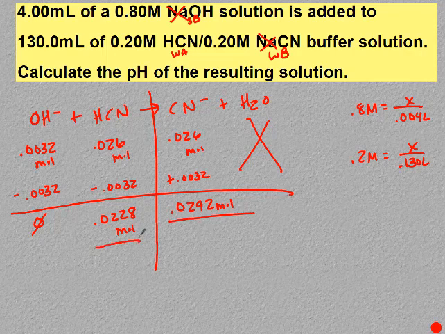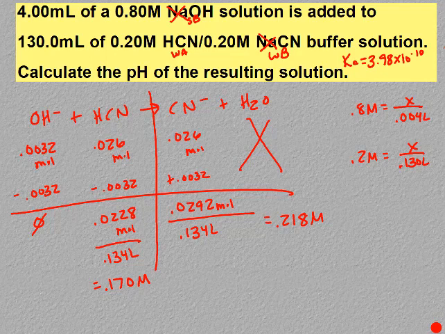We divide by total volume in liters. And then in this problem, you needed the Ka. So the Ka was 3.98 times 10 to the negative 10th.